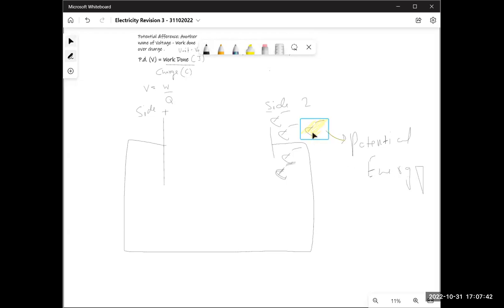Now, when this electron goes from here, let's say this whole thing goes from here to here, it loses the potential energy. What happened?